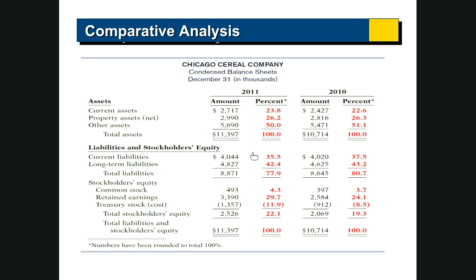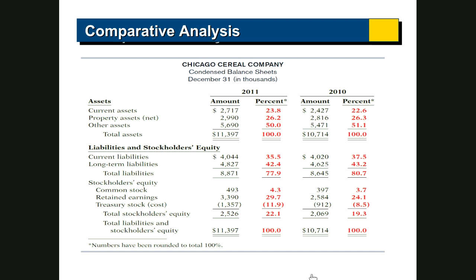So you want to see from top to bottom what percentage of your individual item in the balance sheet is compared to the total number. How much is the current liabilities compared to the total liabilities and stockholders' equity? How much is the long-term liability compared to the total liability and stockholders' equity? This is in the balance sheet.